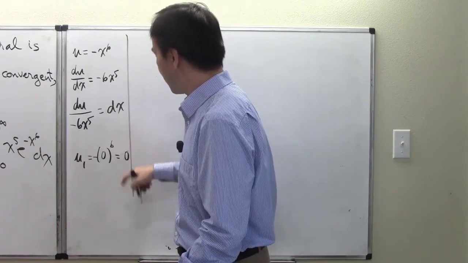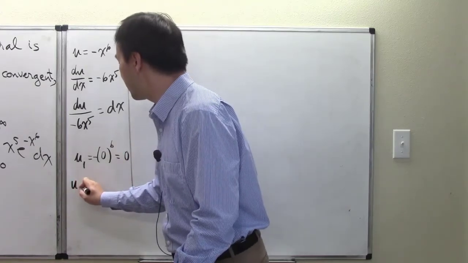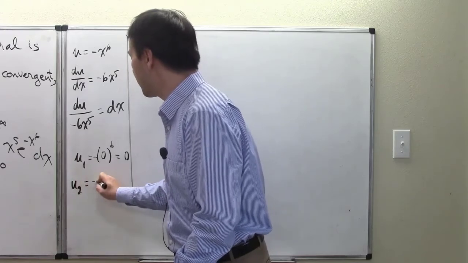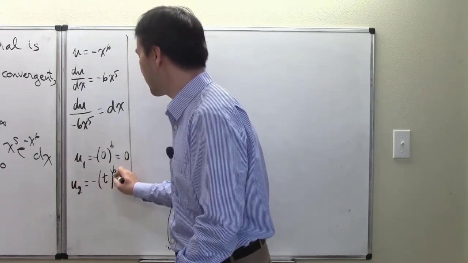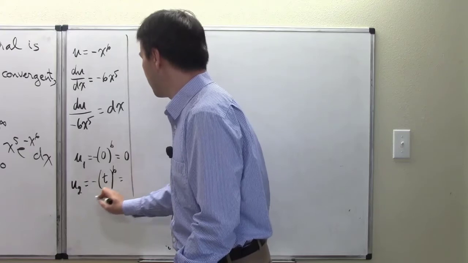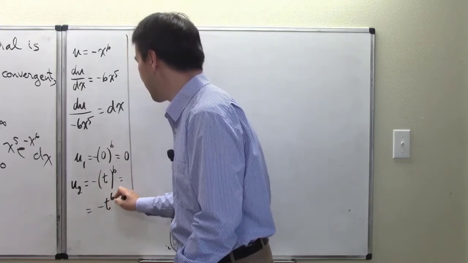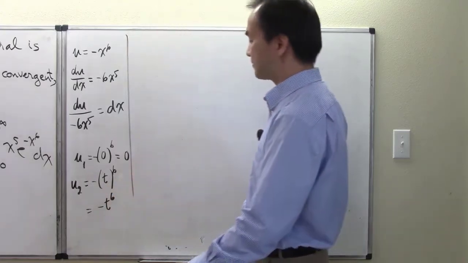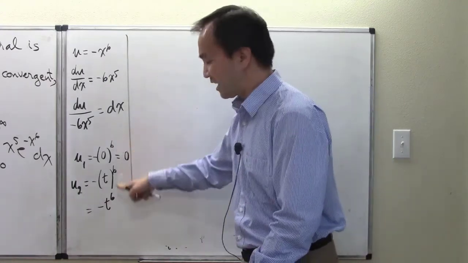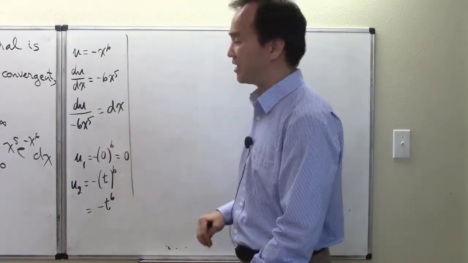For u2, the upper limit, it is minus t to the 6th. Okay, so we have lower and upper limits in terms of the variable u now.